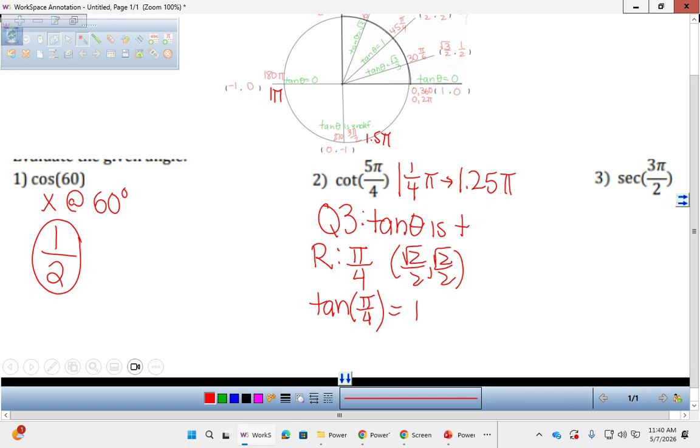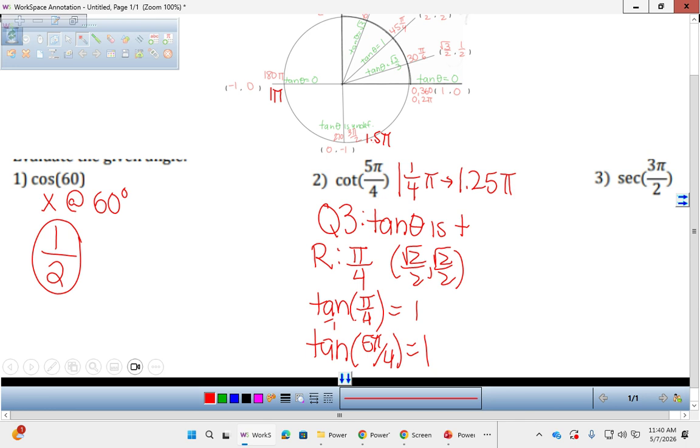What that means is that the tangent of 5 pi over 4 is also 1. Sometimes I'd add a negative to this, but because it's in quadrant 3, I know that it's positive.